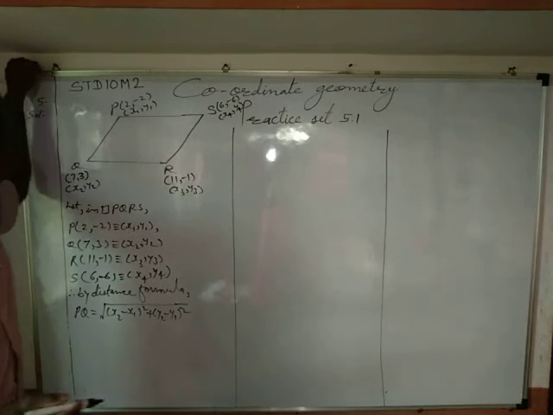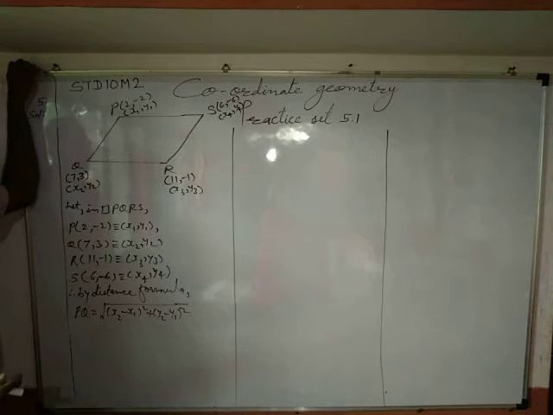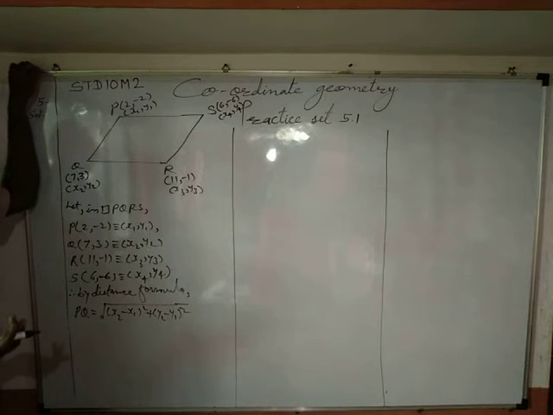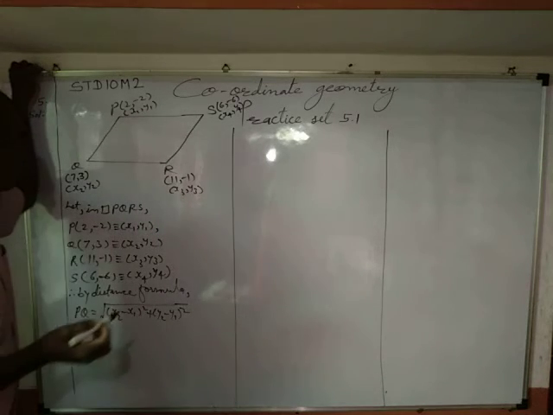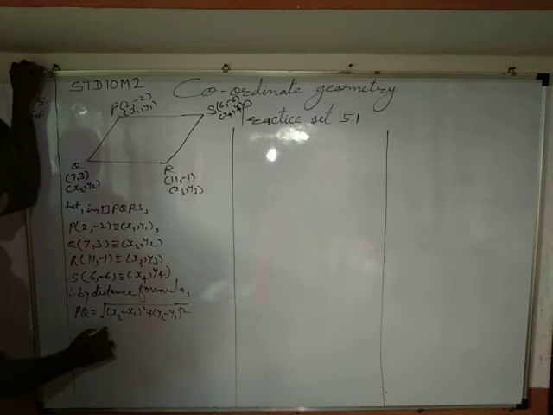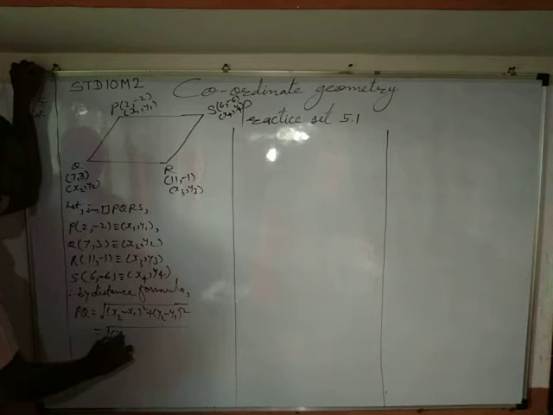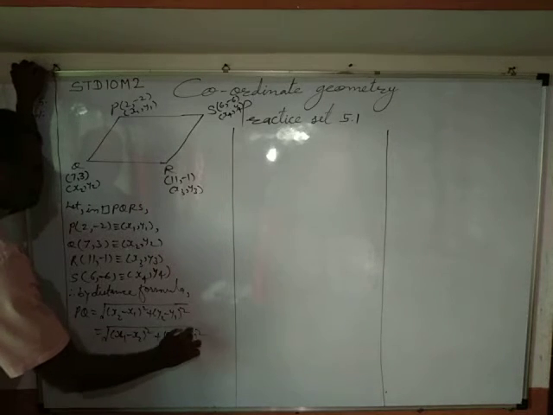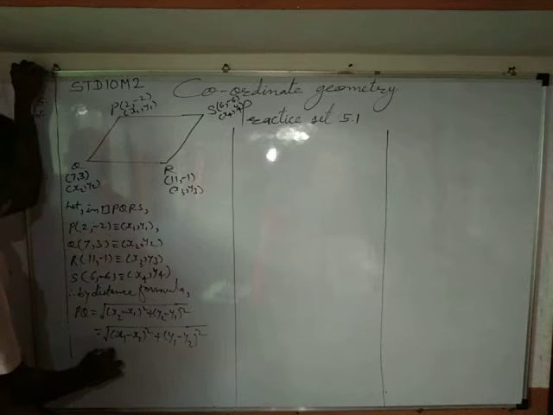And we know that (x2 minus x1) square plus (y2 minus y1) square is (x1 minus x2) square plus (y1 minus y2) square. Let's write it as under root (x1 minus x2) square plus (y1 minus y2) square equals under root.